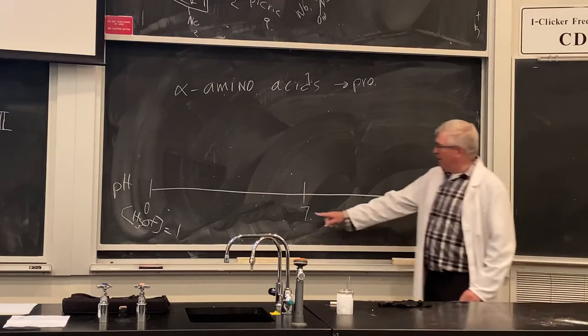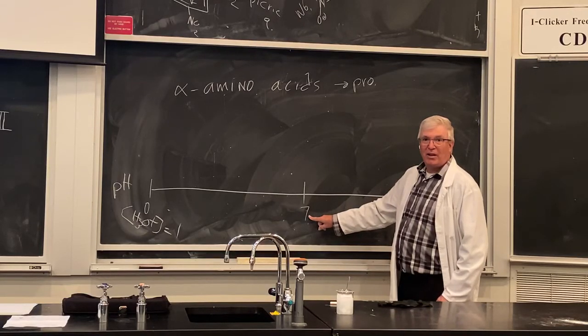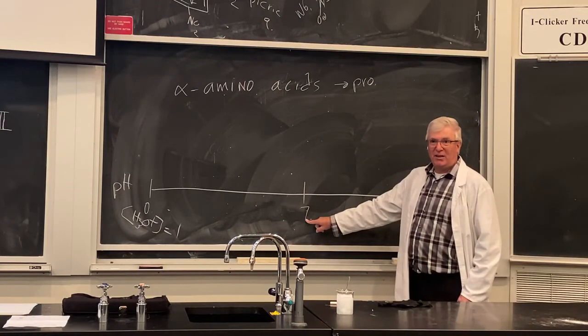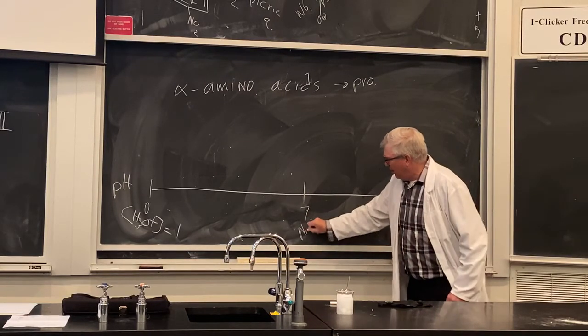So at 7, we have concentration of hydronium of 10 to the minus 7 molarity. And here we have concentration of hydroxide of 10 to the minus 7. Okay, they're the same at 7. That's why we call that the neutral point there.